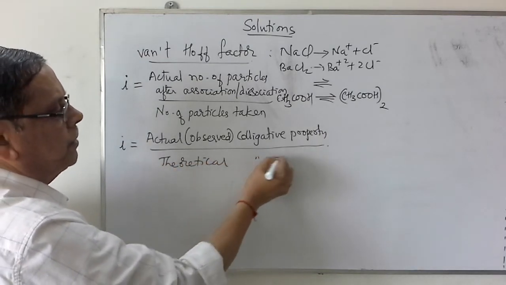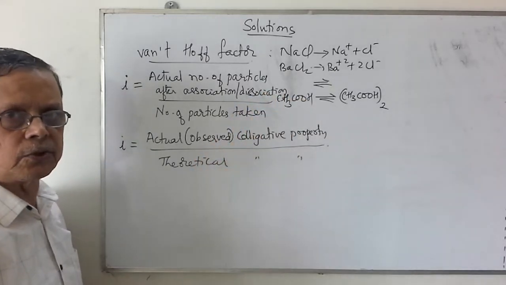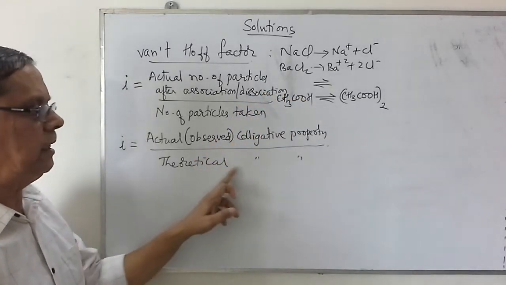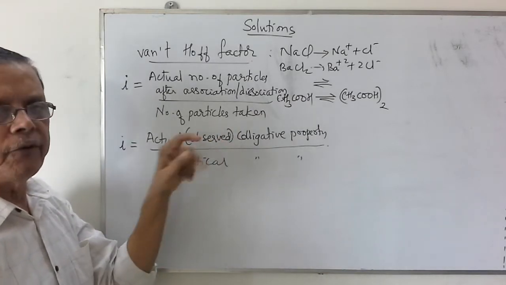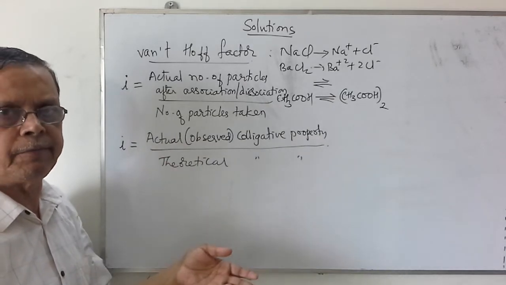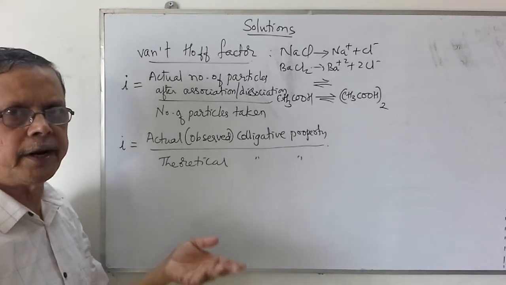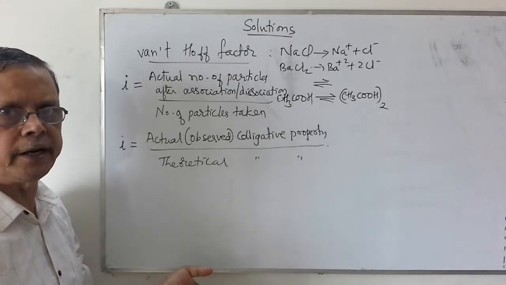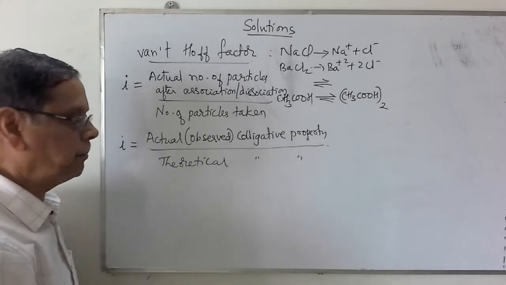Theoretical colligative property means if the substance does not undergo association or dissociation, it is the theoretical colligative property. Suppose you have taken 1 mole. For 1 mole, what is the decrease in the vapor pressure or the relative lowering of vapor pressure, increase in the boiling point, decrease in the freezing point, or osmotic pressure? That is actually called the theoretical colligative property.